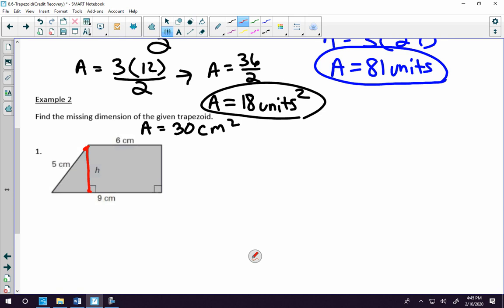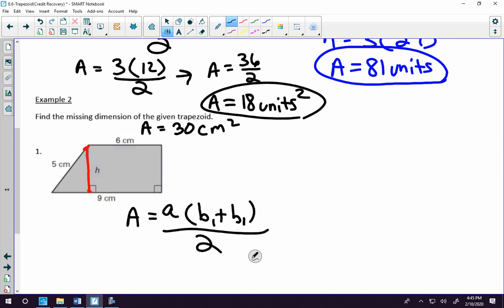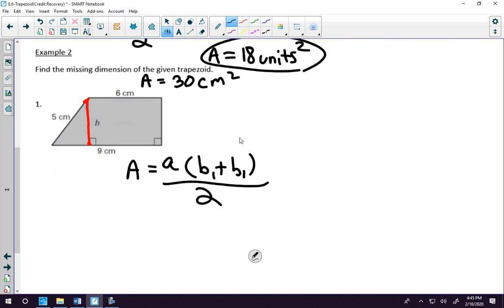Using what we know about the formula for area of a trapezoid, once again, it's going to be the altitude times base 1 plus base 2, divided by 2. Substituting into the equation what we do know, we know the area is 30 square centimeters, so we substitute 30 square centimeters in for the area.